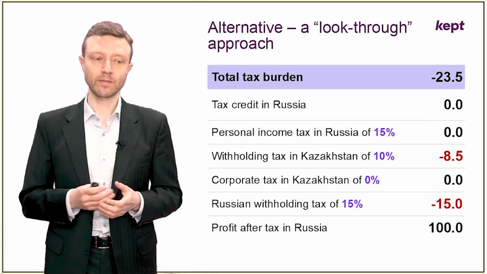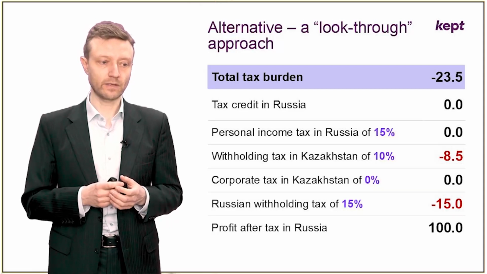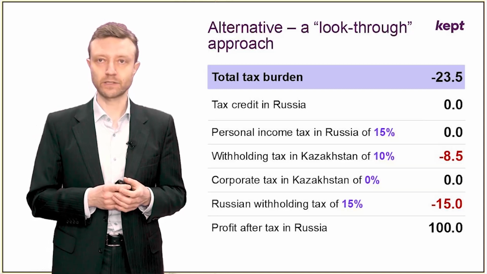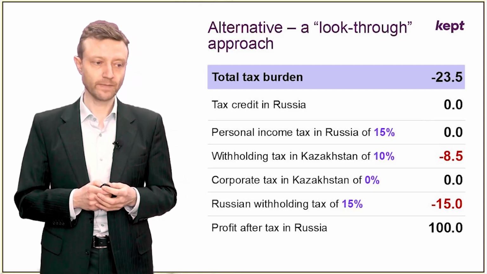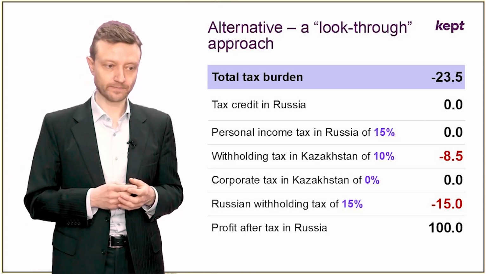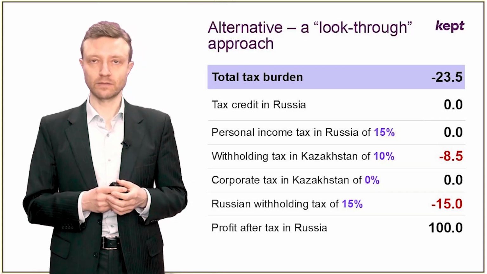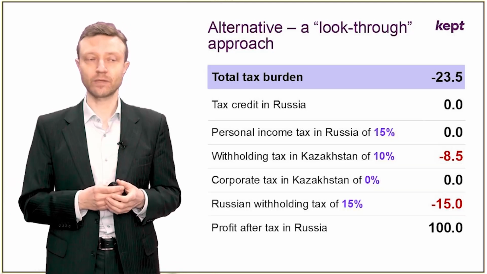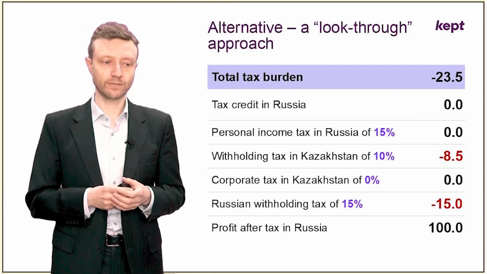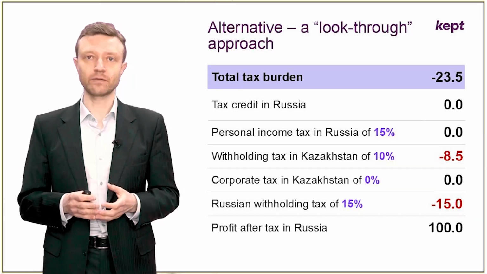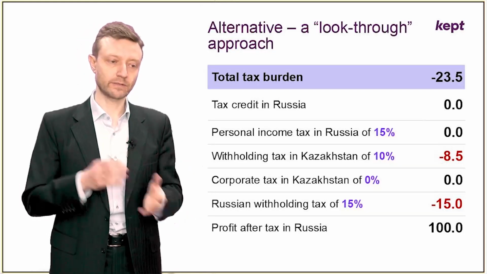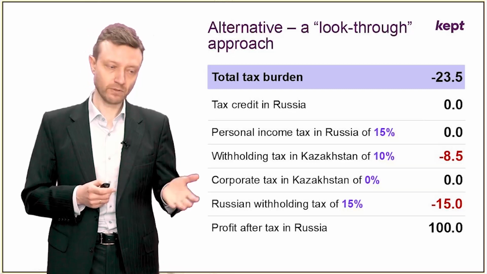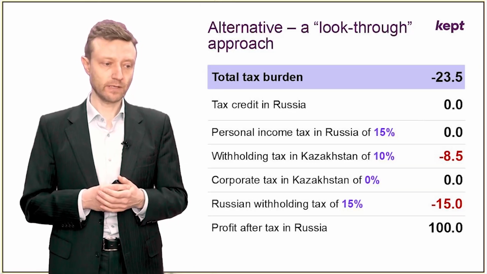And again, the same personal income tax liability arises for the shareholders who are Russian tax residents. But again, the withholding tax credit can be used, and the tax burden overall, given all credits and liabilities, is 15 units. Okay, let's remember this result.